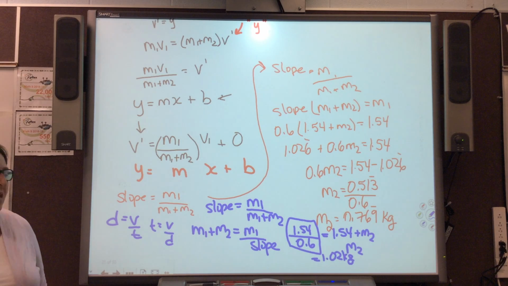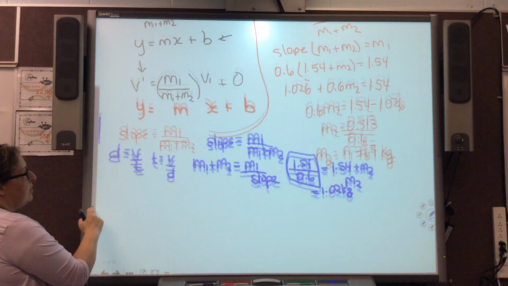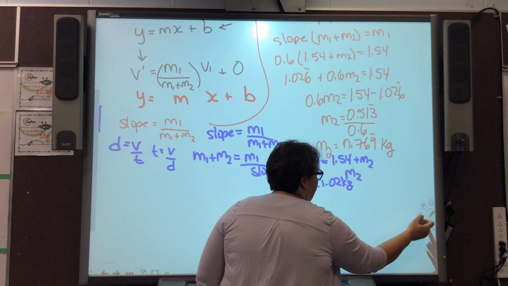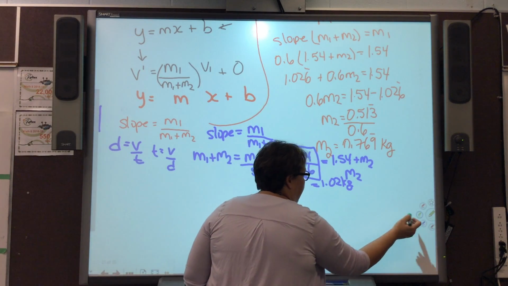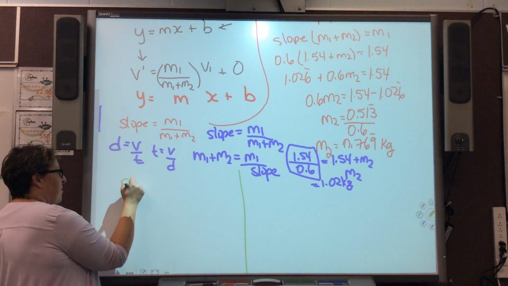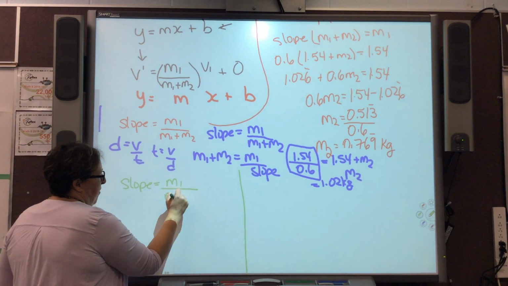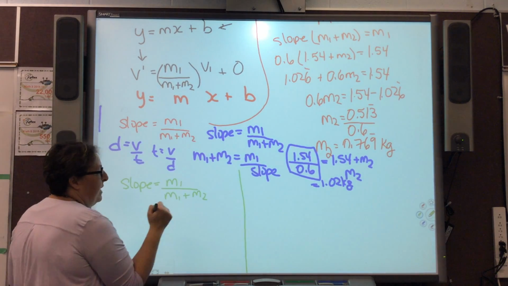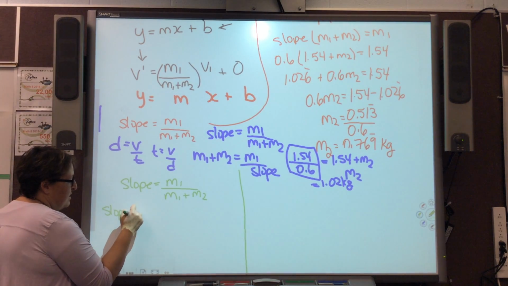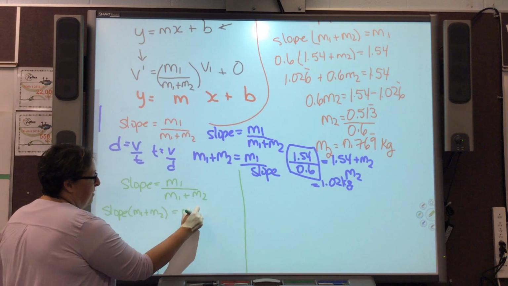Sure. So what I did, I'll bring this down further. So up here, I'll rewrite it so that we can see it, okay? We did the math this way, where we had slope times m1 plus m2 is equal to m1.